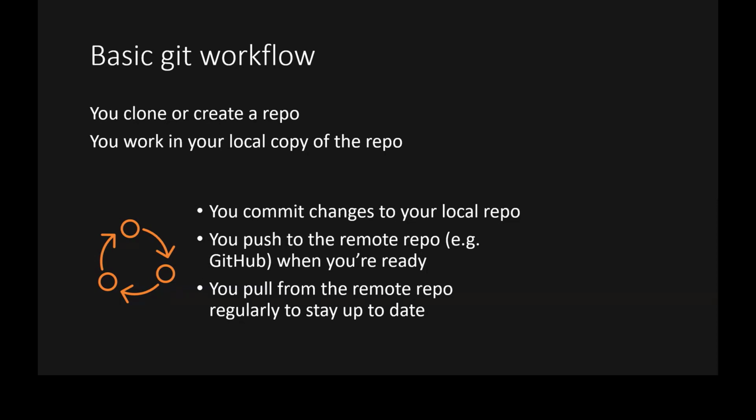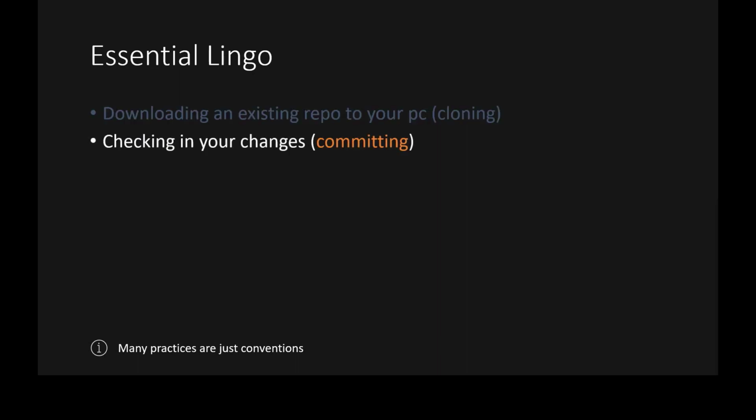Now, we talked about a few concepts. I talked about cloning, about committing, etc. Let's put them all in one list so you know what they mean. First of all, there is what we call downloading an existing repository to your PC. That's called cloning. Then there is checking your changes locally, which is committing.